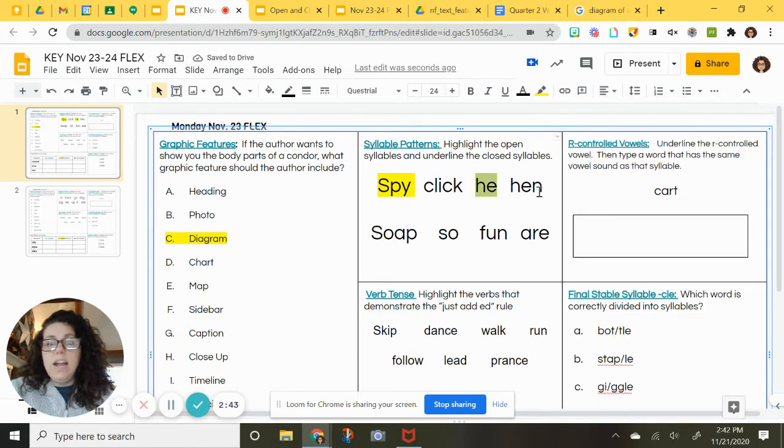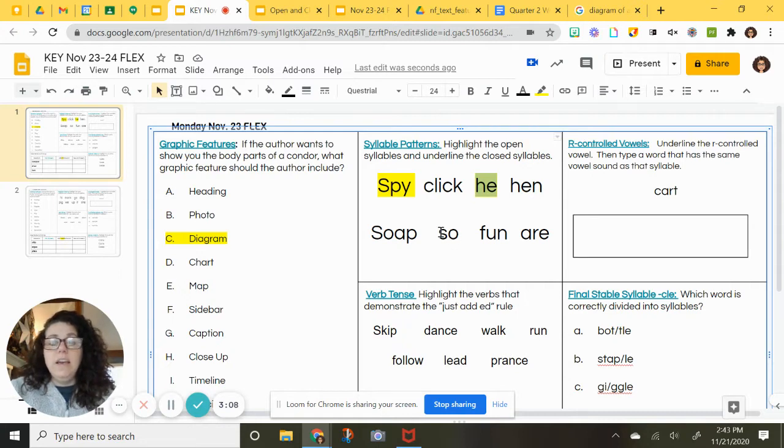Hen, I already know just by looking that cannot be, so I'm not going to do that one. Soap, it does make an O sound, but I see here it's not at the end of the syllable, and it's actually paired with another vowel, so that won't work. So, the O makes its name. Yes, that's good.